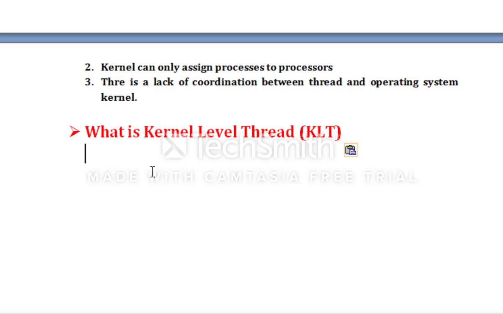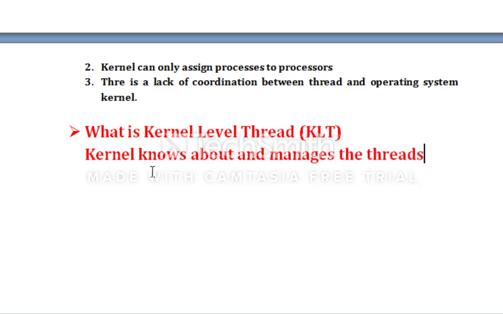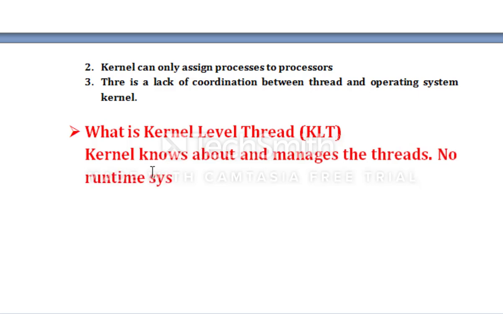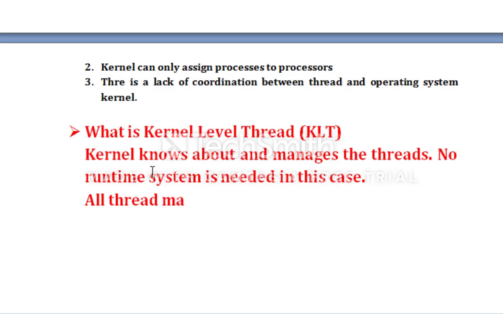So let's define the kernel level thread. The first important thing: the kernel knows about and manages the threads. No runtime system is needed in this case. All thread management is done by the kernel.